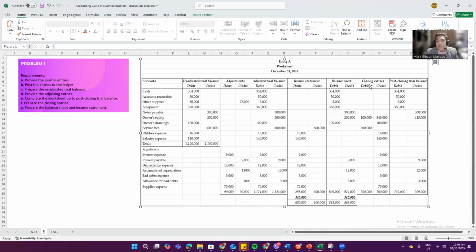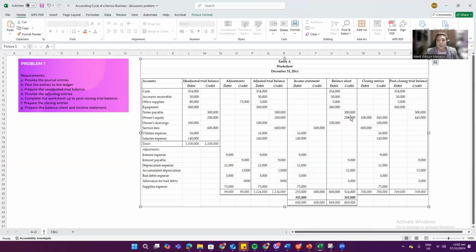And then if we're going to look at the closing entries, the next columns would be the post-closing trial balance. The post-closing trial balance, this include all those closing entries that we have prepared. So like for example, look at the owner's equity, diba? The owner's equity, initially we have 200,000 pesos credit.